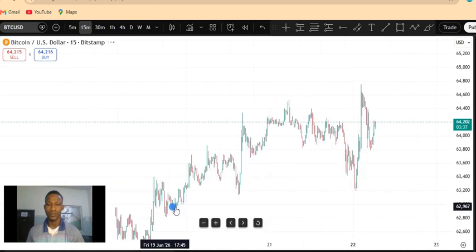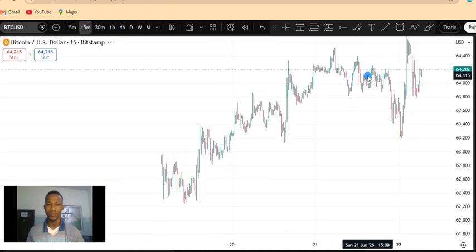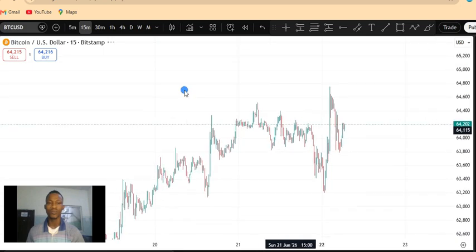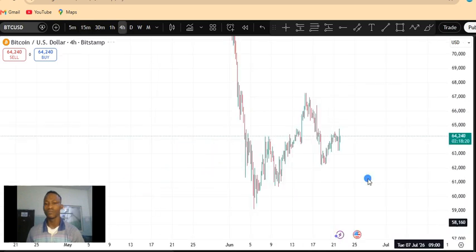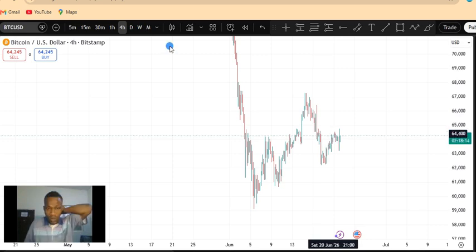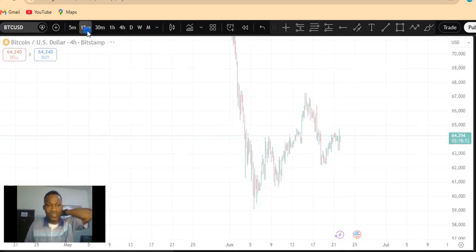If you look at it, they have been having a good bullish move on the 15 minutes. You can see right here a good bullish move. If you go to the 4-hour chart, it's also bullish. So in other words, we are looking for a bullish setup on BTCUSD.